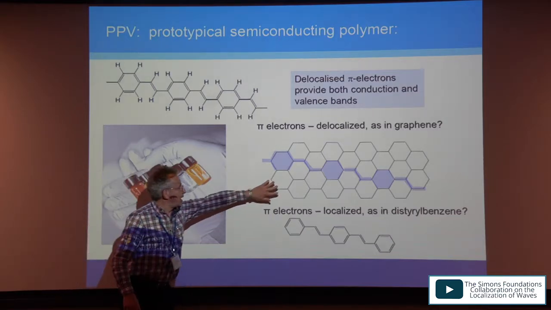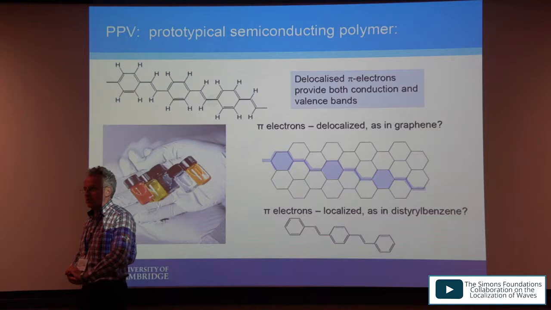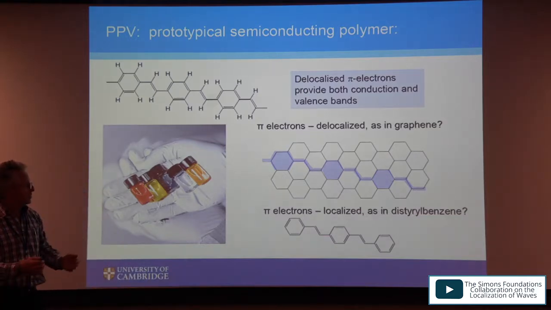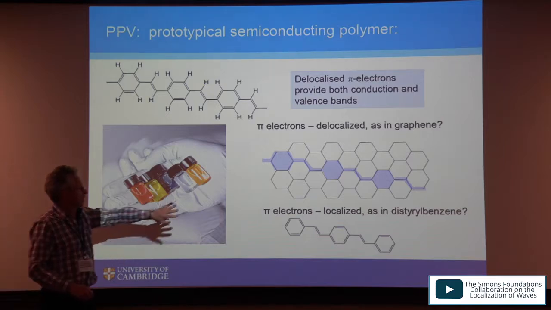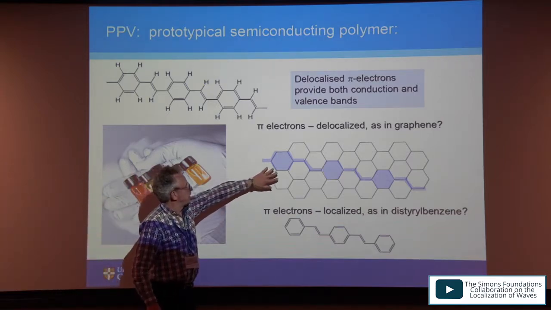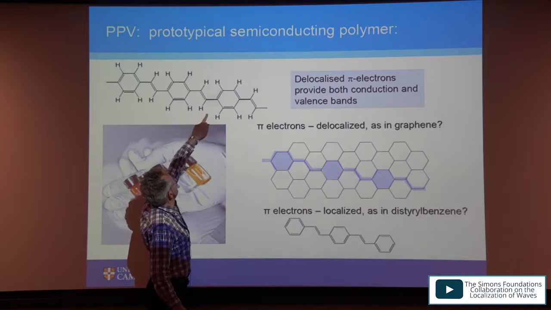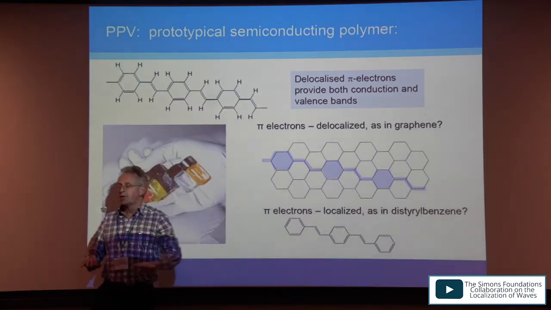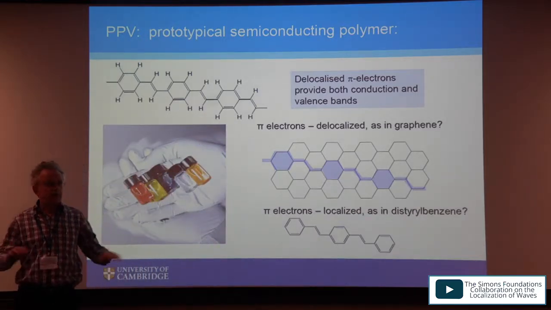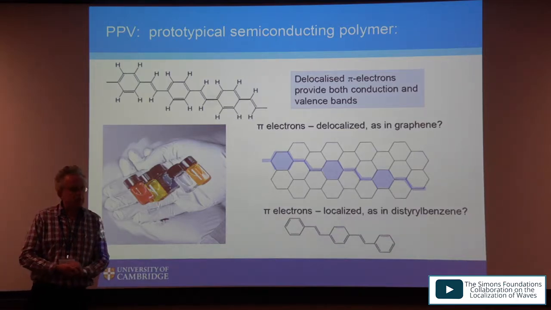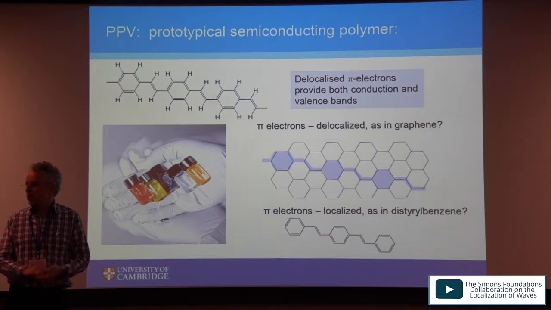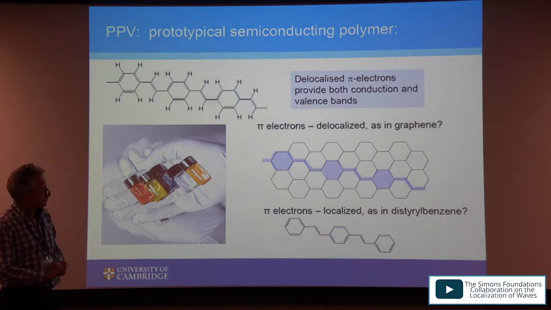So here is a honeycomb network of carbons, which is graphene, where the conductive properties, or the semiconductive properties, come from the electrons associated with the carbon-carbon double bonds, which delocalize pretty much in the same way as the valence and conduction electrons do in gallium nitride or silicon.